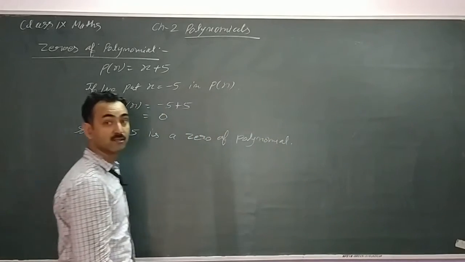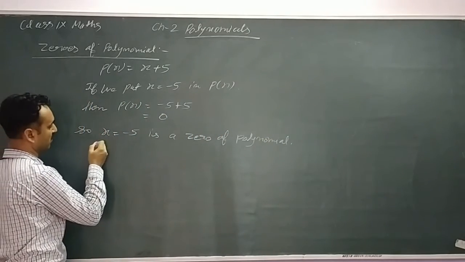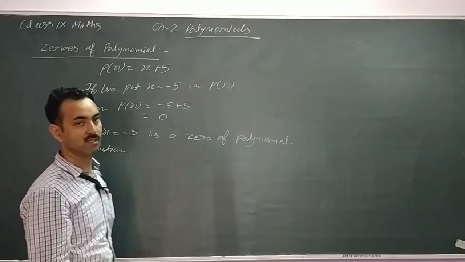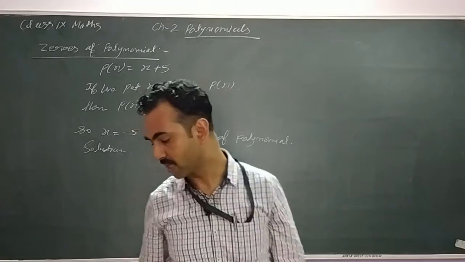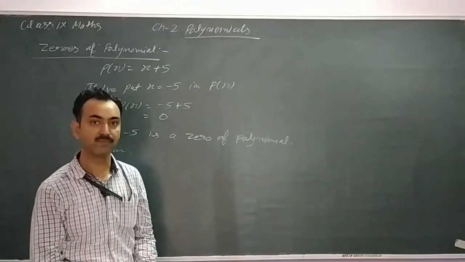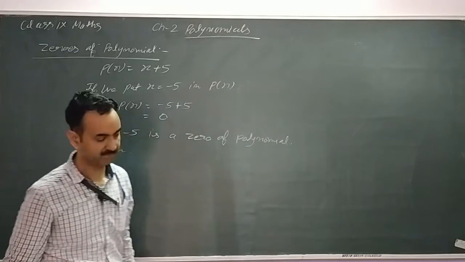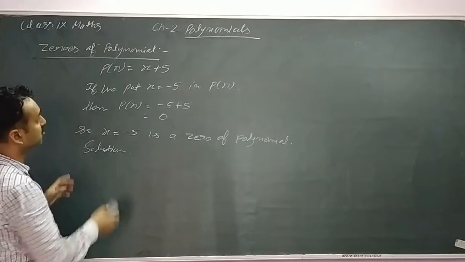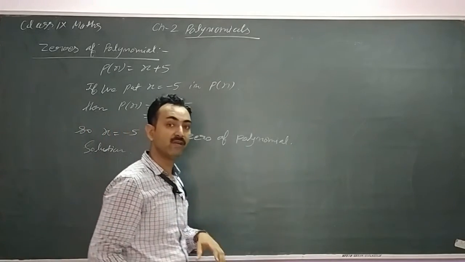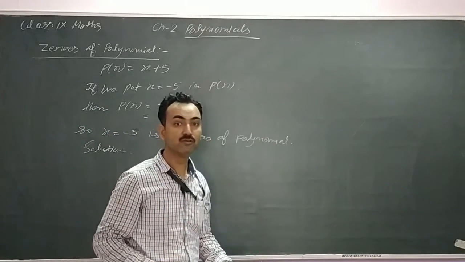This is also called the solution of the polynomial. In this polynomial chapter, we will say zero of the polynomial, but in the next chapter on equations, we will say solution. So zeros of a polynomial means the value of the variable which makes the given polynomial equal to 0.